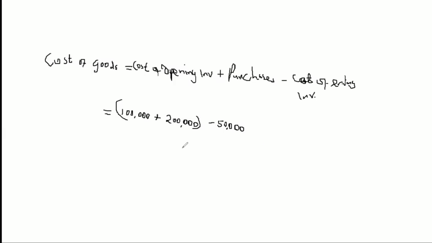Addition comes before the minus. So when you add this, you get 300, minus 50, which will give us 250. $250,000. So that will be our cost of goods sold.